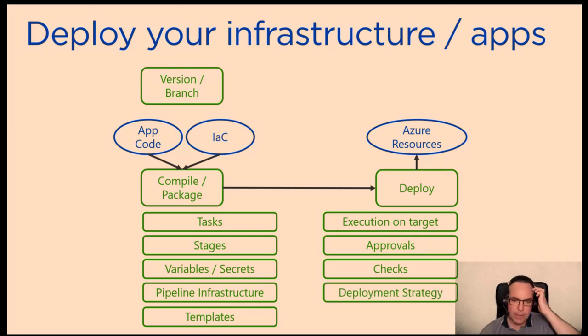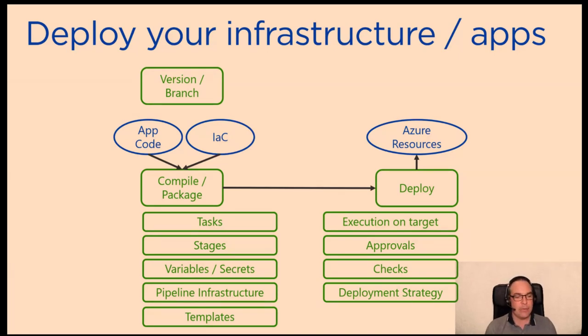Then we have different deployment strategies. Depending on the target resources, you can do more than just a simple run this script and deploy it. Deployment strategies mean, for example, with Azure Kubernetes Service, you could interact with Kubernetes or even with a service mesh interface inside your cluster to create a canary deployment.